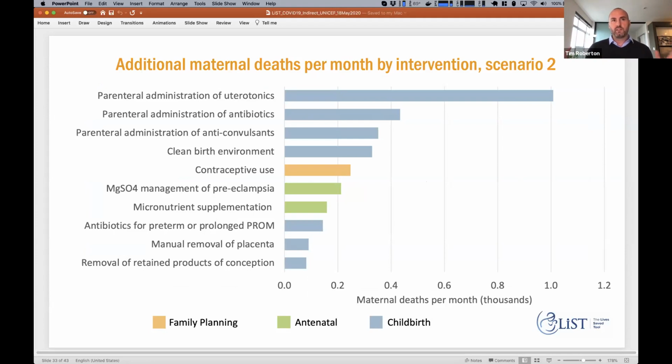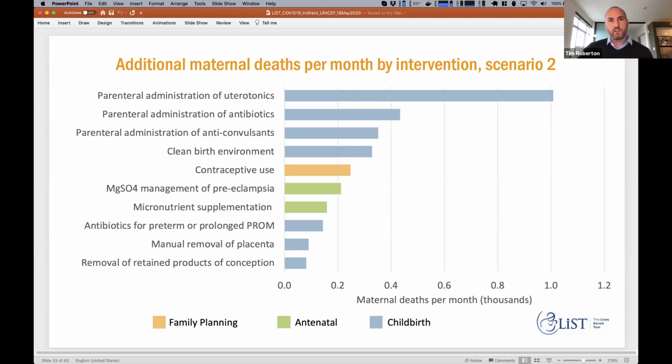So, for example, in our scenarios, using LiST, given the reductions to each intervention, given baseline coverage of each intervention, and given the effectiveness of each intervention in reducing risk for certain causes of death, we can say that under our scenarios, each individual intervention will contribute a certain number of additional deaths.